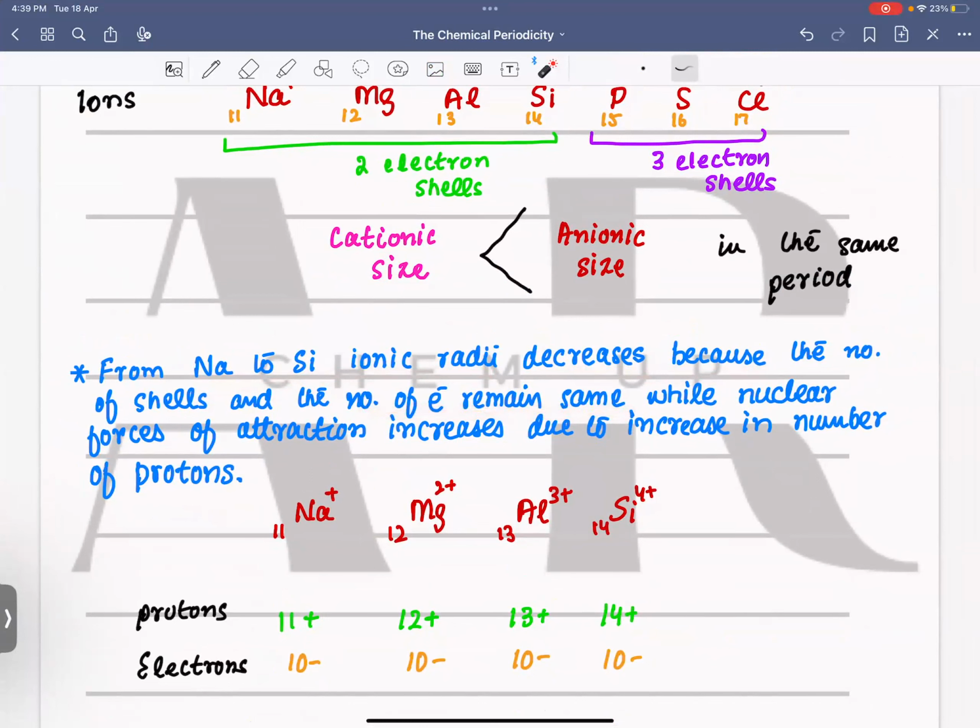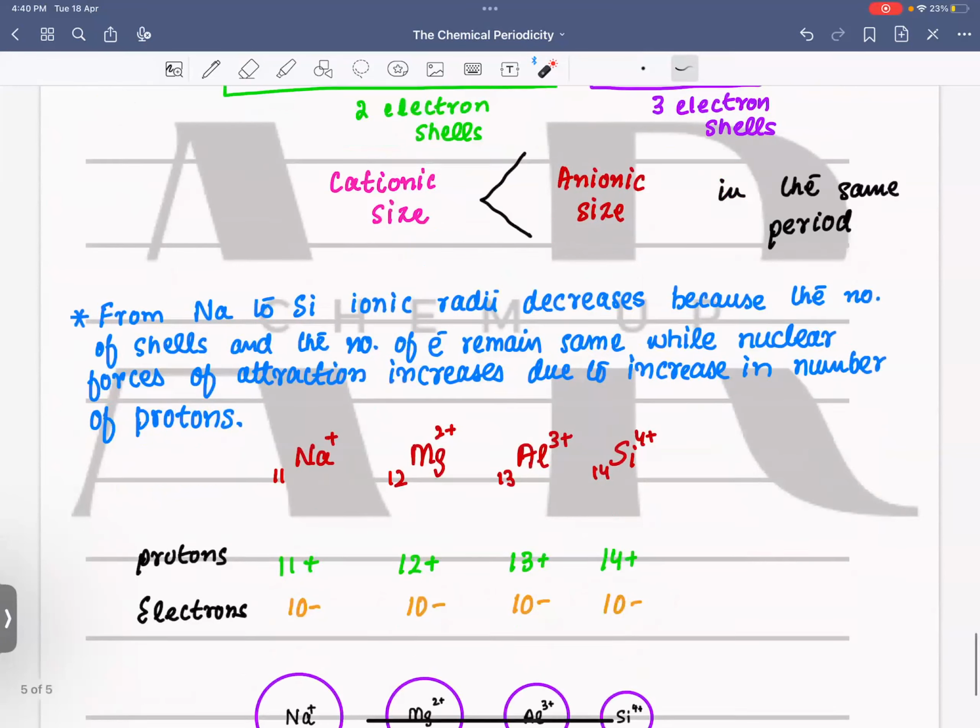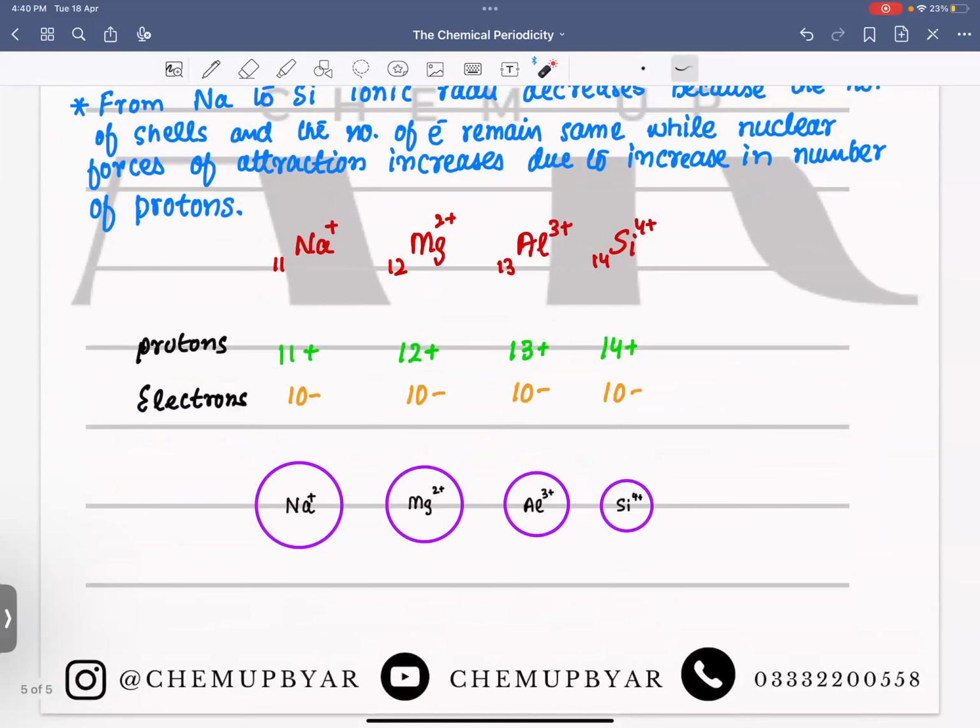So if you see over here, we have the same number of electrons in each one of the cations, and the number of protons is being increased. So what would happen? The forces would get stronger, and as the forces of attraction get stronger, the size would decrease from sodium to silicon.